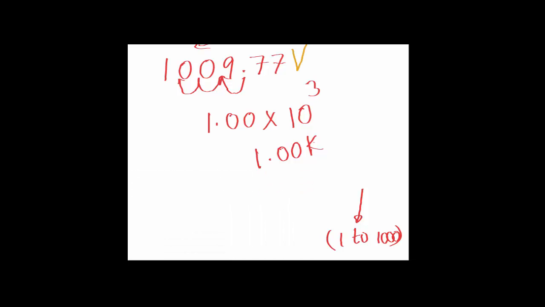So the units will be carried. So instead of saying 1009.77 volts, you're simply saying it's 1 kilovolt, right? So that's how we convert a decimal number into an engineering notation.